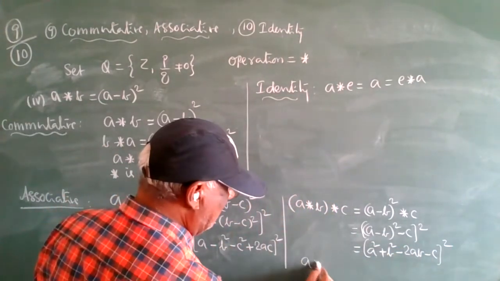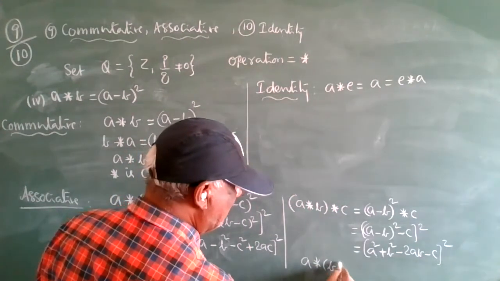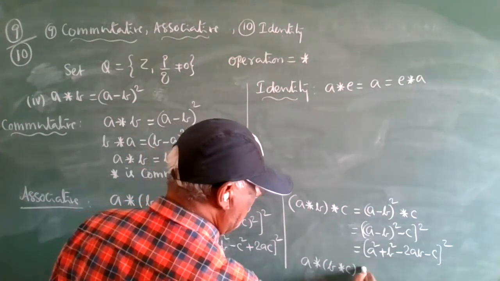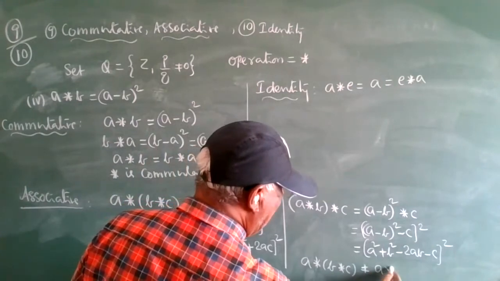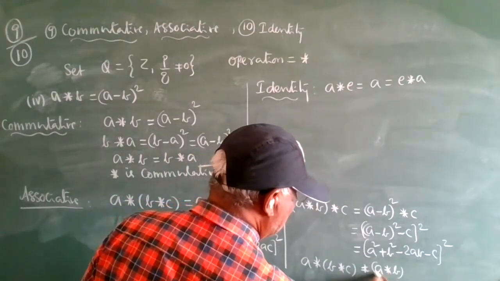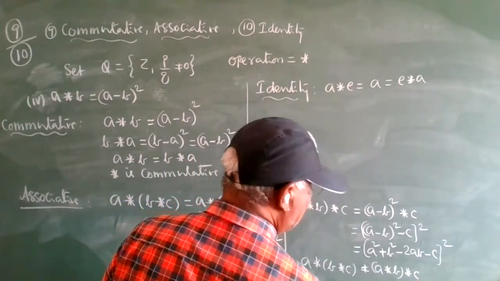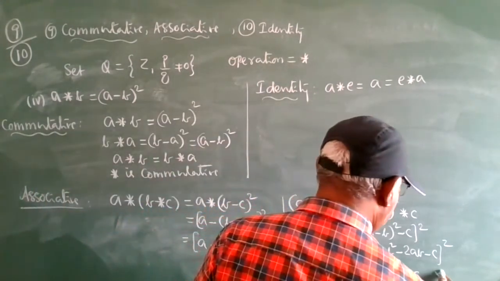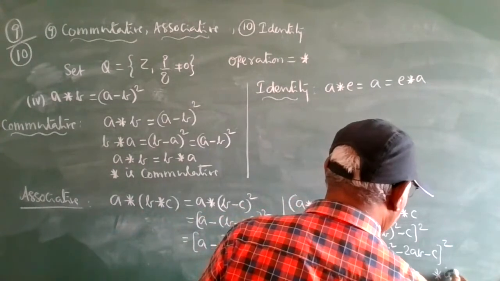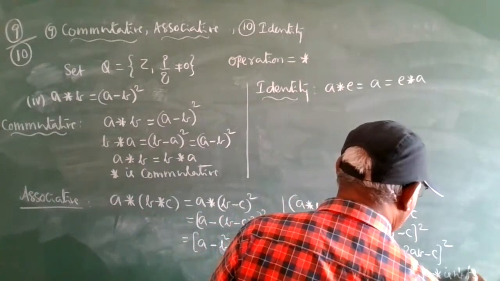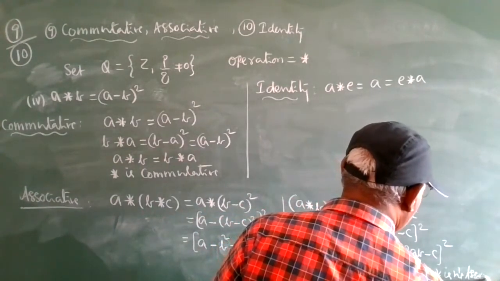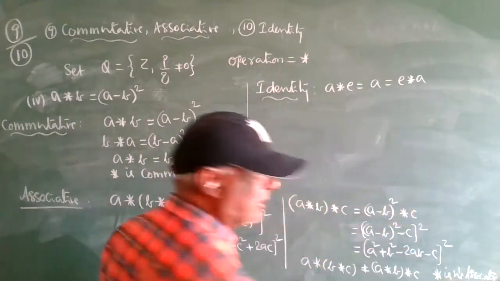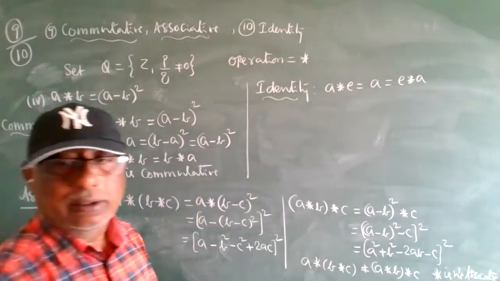A star B star C is not equal to A star of B star C. Star is not associative.